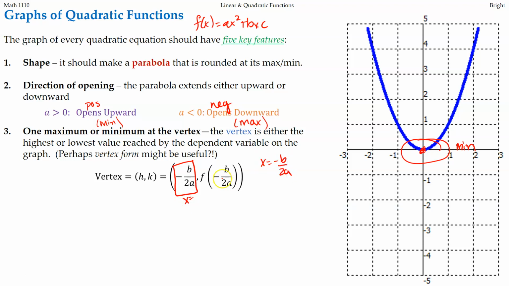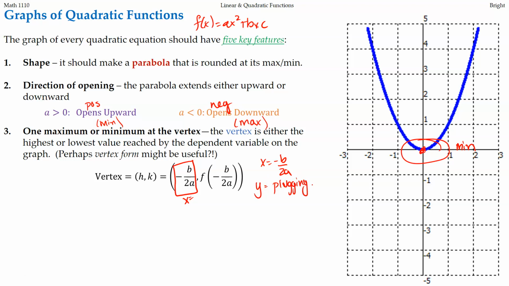Then for the y value, there's a big complicated formula that you can memorize. I'm just going to say, doesn't it make sense that if you want to find the y value associated to an x, you put the x value in and find out what y is? That's all this means. So find y by substituting in.